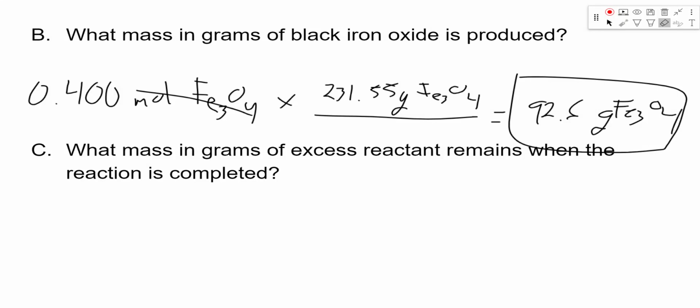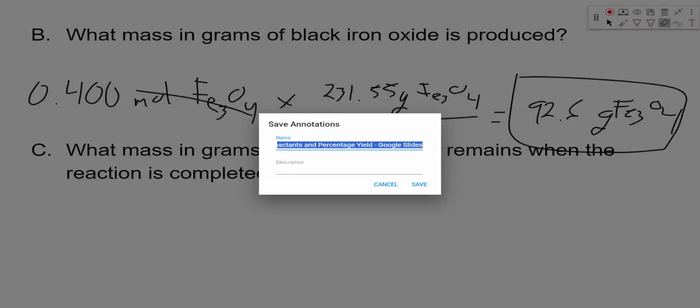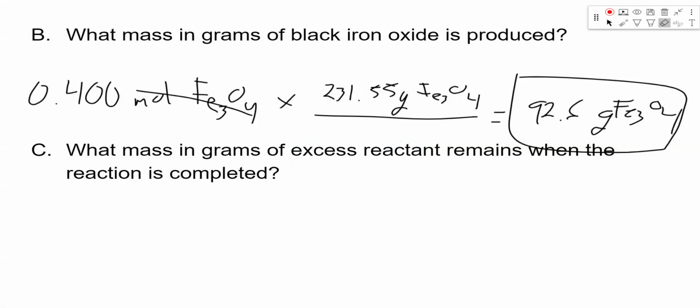So if we have 0.400 moles of iron, then how many moles of this H2O, that's not our limiting reactant, how many moles of it would be used up?